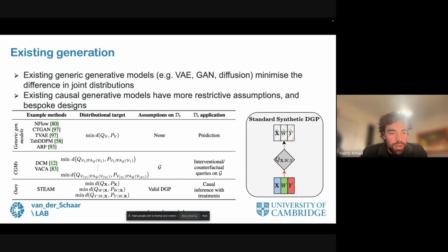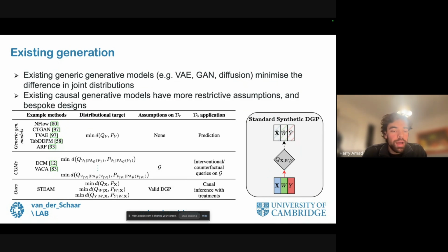We can define this family of generic generative models, which is probably what most of you are familiar with, like GANs, diffusion models, VAEs, normalizing flows, flow matching models, and so on. Basically, any model which tries to minimize the difference between the joint distributions of the synthetic and the real data via some training mechanism, we would class as a generic generative model. These models place no assumptions on the data, and they just try to minimize the difference in the joint distributions. And this is very useful for the task of prediction, as I said before.